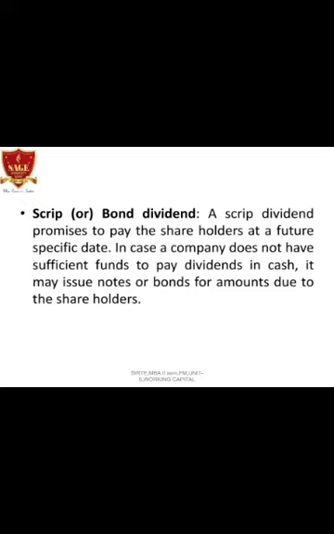If the company doesn't have sufficient liquidity to pay the dividend in the form of cash, in that situation the company can issue notes and bonds for the amount due to the shareholders. The objective of the scrip dividend is to postpone the immediate payment of cash, and this kind of scrip dividend bears interest and is accepted as a collateral security.